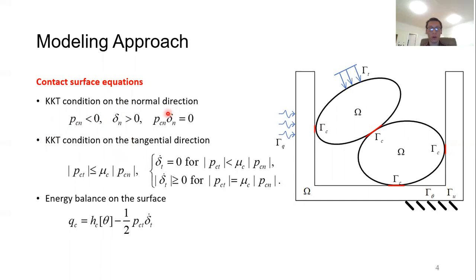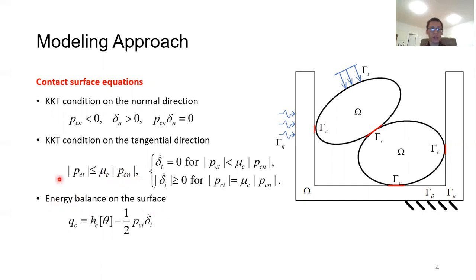One is for the normal response, basically the normal non-interpenetration condition, and the other one is the tangential response following the Coulomb's friction law, which states that the tangential contact pressure PCT cannot surpass some critical friction, which is equal to frictional coefficient mu c times the normal contact pressure PCN.